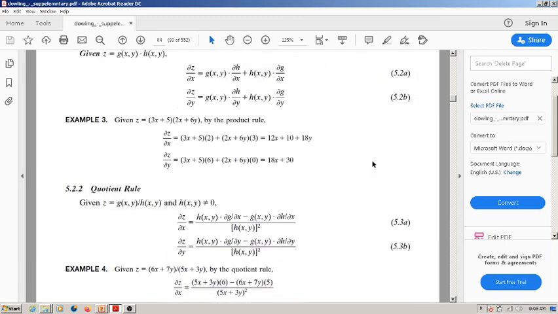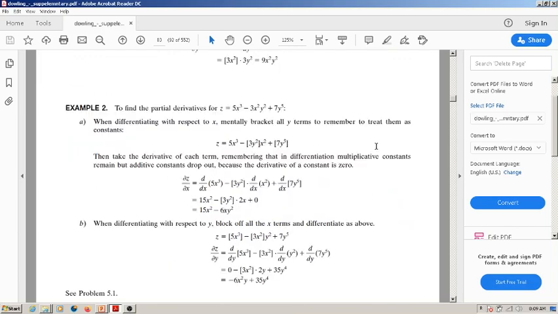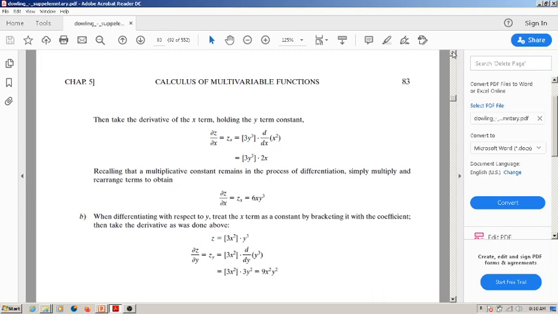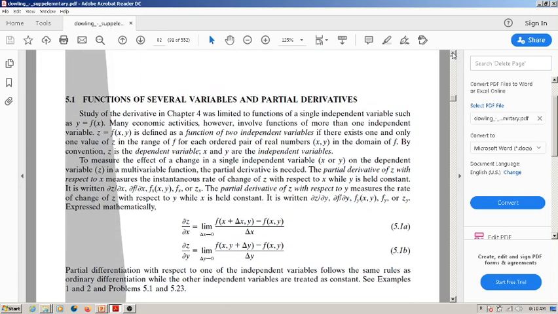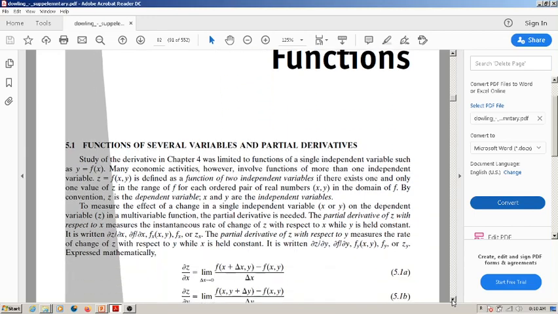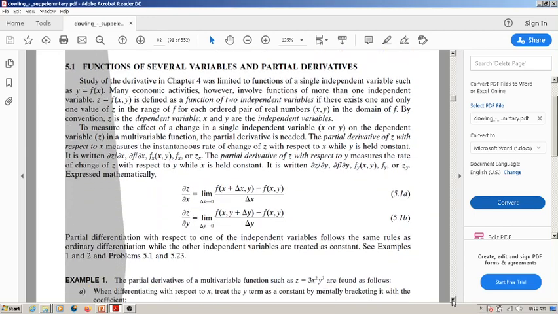Please go through chapter 5 in the PDF of the SHORM series. Here, the calculus of multivariable functions is given. Just see how to compute the partial derivative, then we can move on to the problem.